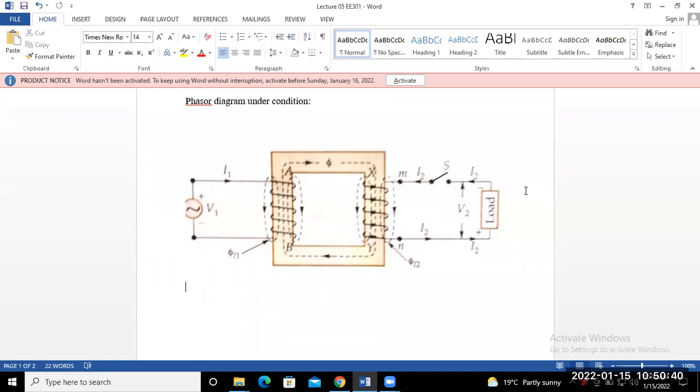So can you draw the phasor diagram of this transformer? Anyone, just tell me how we can proceed with the phasor diagram of this loaded transformer.